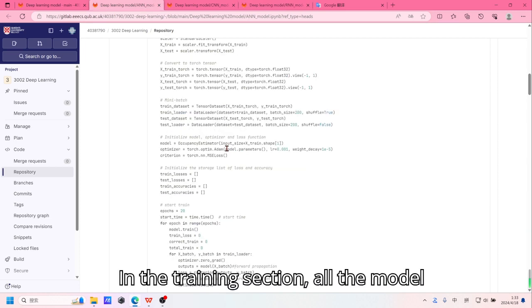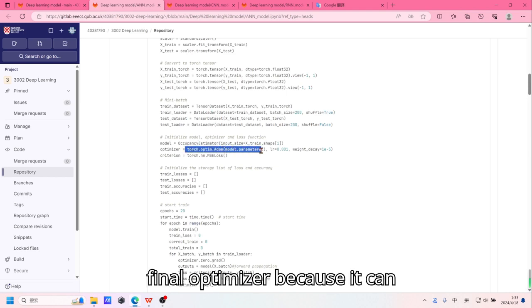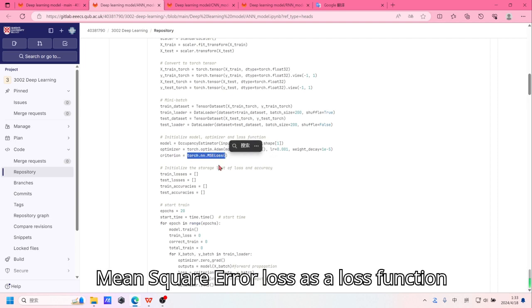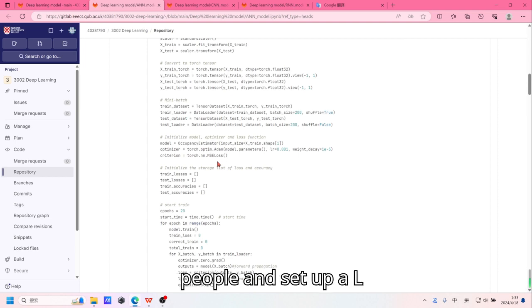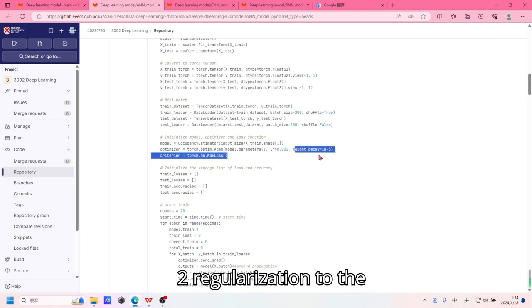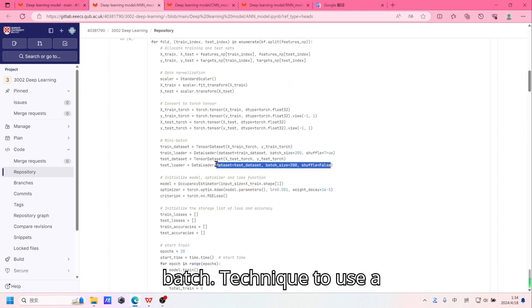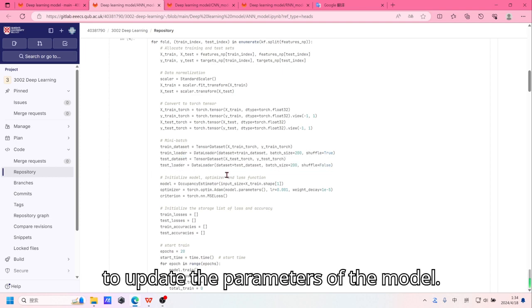In the training section, all the models use the Adam algorithm as the optimizer because it can calculate the learning rate automatically, and we use the mean square error loss as the loss function to calculate the average of the squared errors of the actual and predicted number of people. We set up L2 regularization to suppress the noise that large weights bring to the model, and use a mini batch technique to use a part of the data at a time to update the parameters of the model.